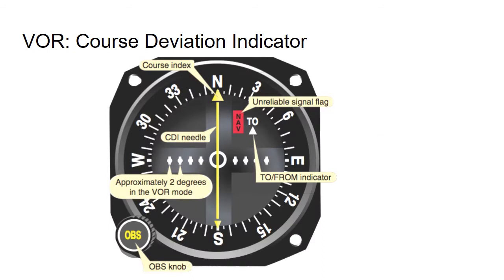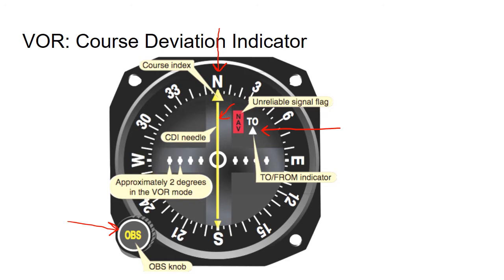You should also look at the course deviation indicator, or CDI, to make sure that there are no flags. The CDI consists of an omni-bearing selector that allows you to select a course at the top of the CDI, a course deviation needle, and a to from indicator.